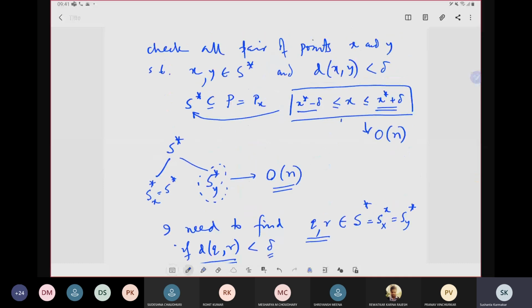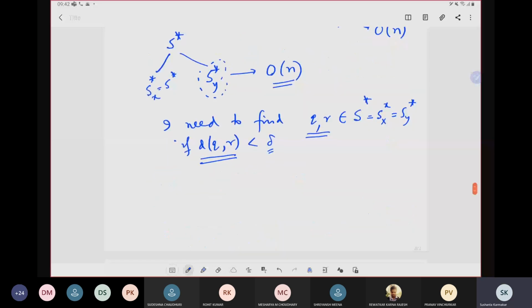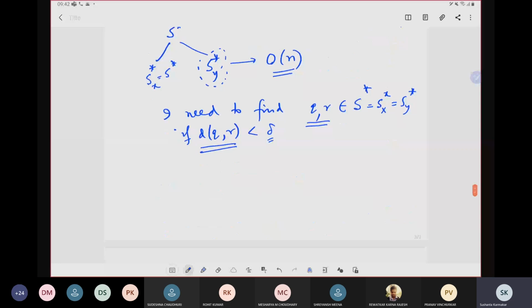All the points in Px that have x coordinate between x star minus delta and x star, and this potentially may have order n points. It may be n by 2 points, n by 3 points, or n by constant, but that is still order of n for a large n. So this set Sx may have order n points.